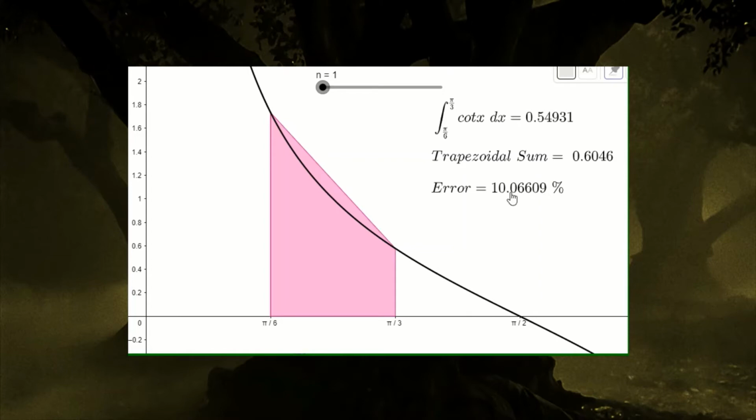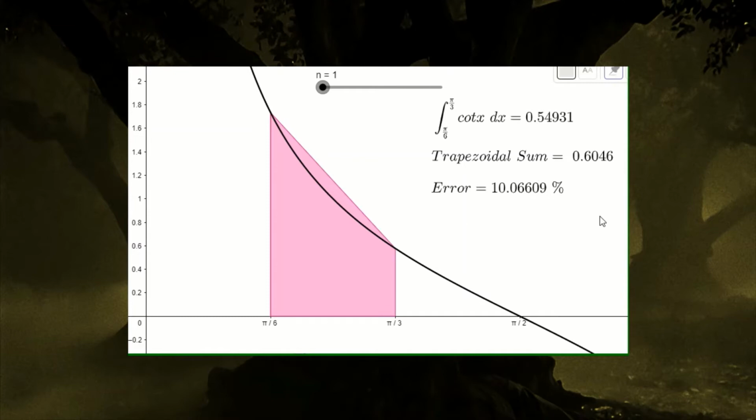The trapezoidal sum simply means the trapezium rule. You can use either term interchangeably, and this is what we calculated in the first case when we had 1 trapezium, and that represents the pi root 3 over 9, which you calculated in that case. And this was the error that we also calculated, and we wrote it as 10.1% to 3 significant figures.